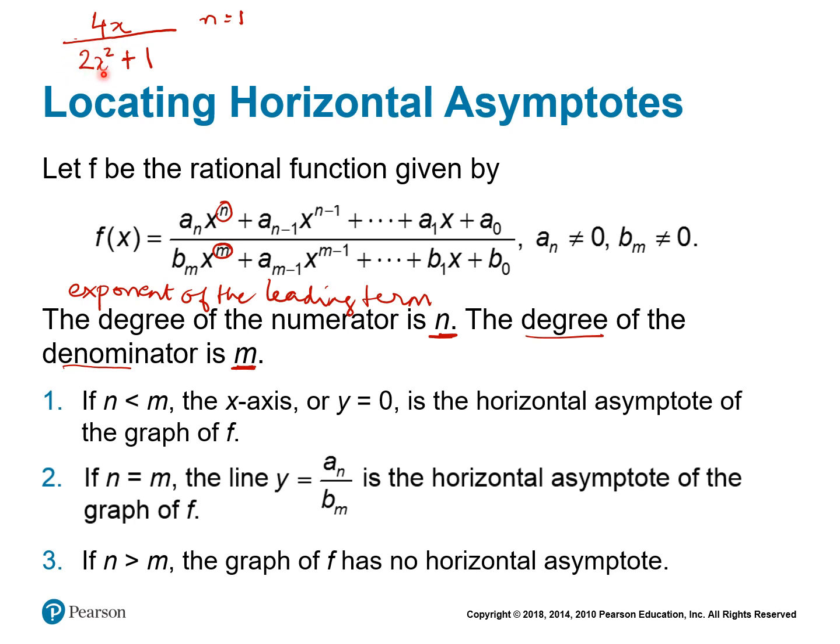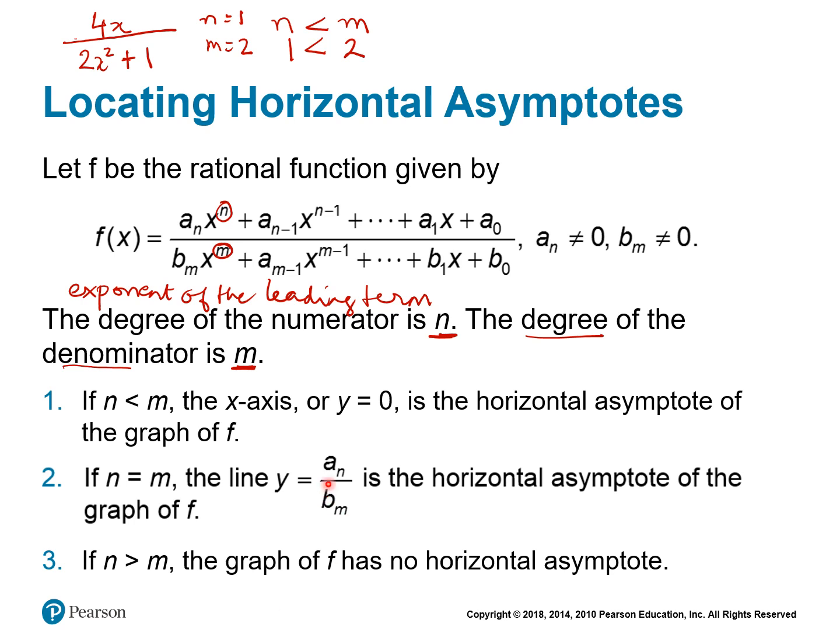The leading term is 2x squared. The exponent is 2. So m equals 2. Now we compare n and m. Is n less than m? Yes, 1 is less than 2. Therefore, we apply this rule here.